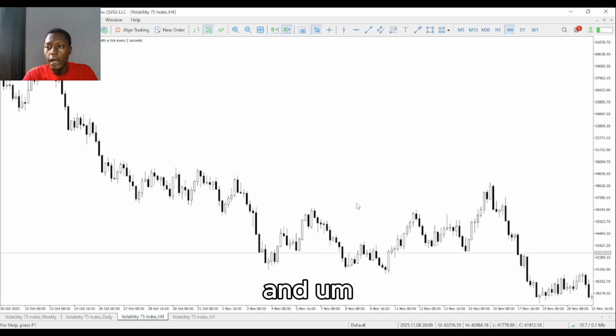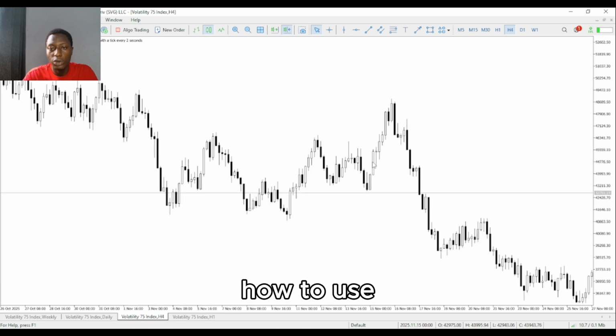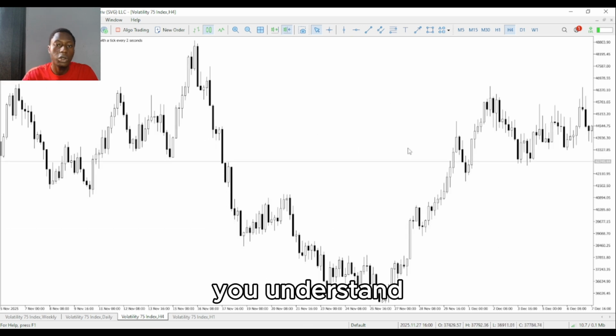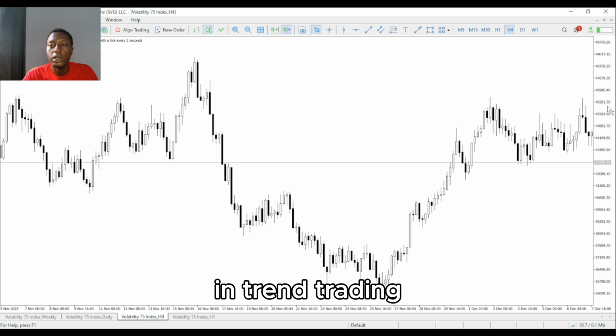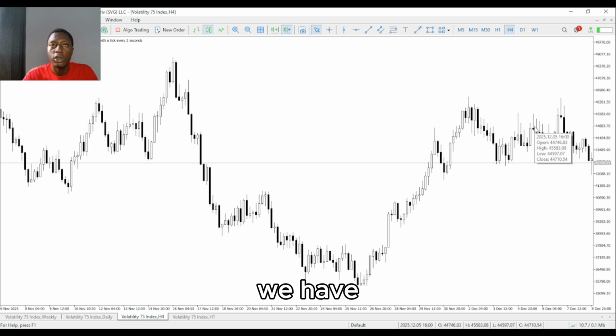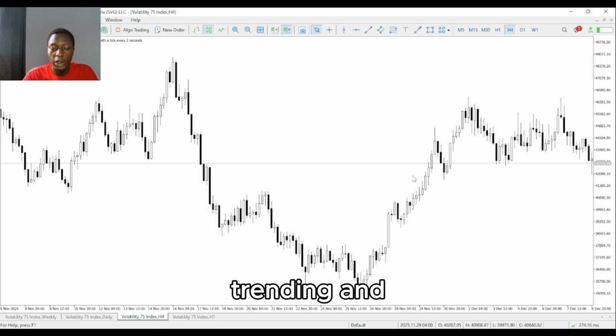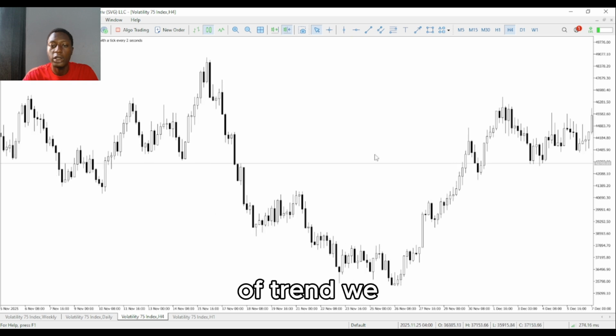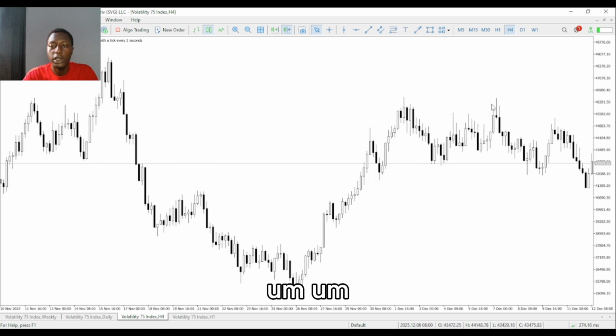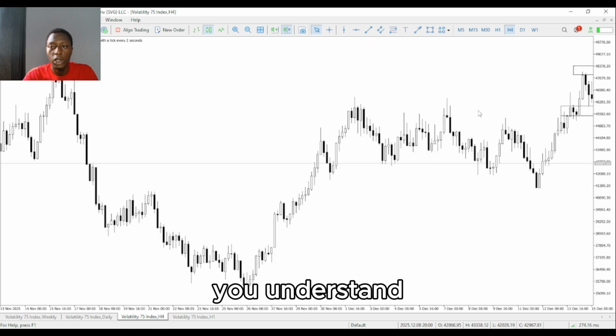The next thing is how to use structure to define trend. In trend trading, we have three different ways of trend trading: the uptrending, the downtrending, and the sideways trending. For these three types of trend, we use different structure and a different approach to trade them.